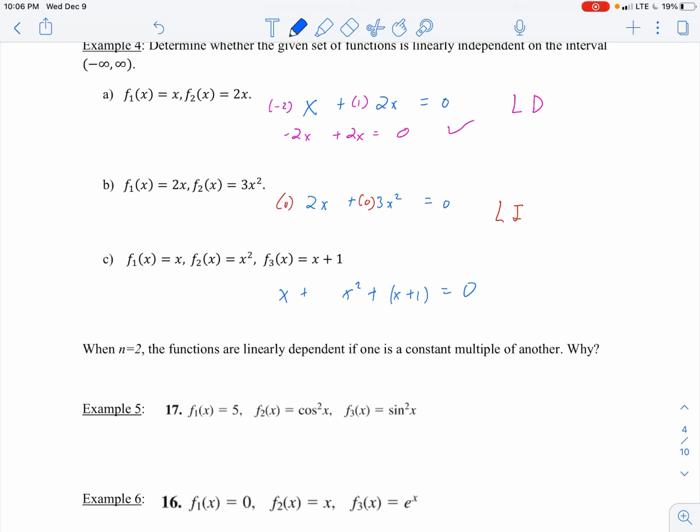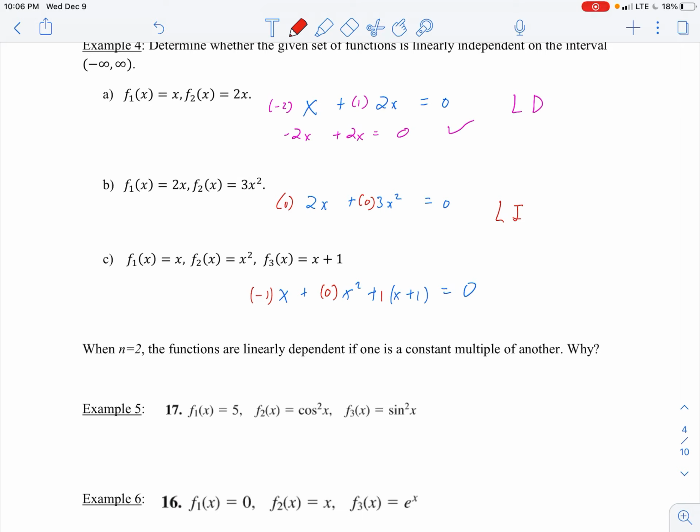Alright, so what we could try to do is multiply. If we multiplied this by negative 1, we get negative 1x, plus we could say that's a 0. We multiply that by 1. The problem is we're still going to get 1 left over.